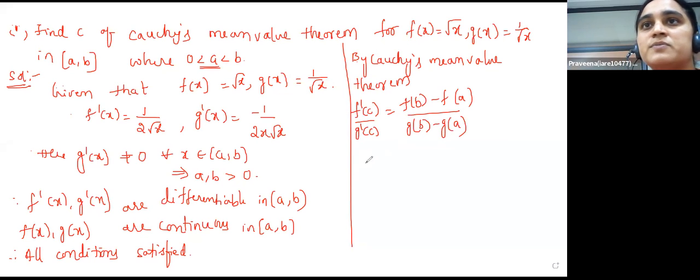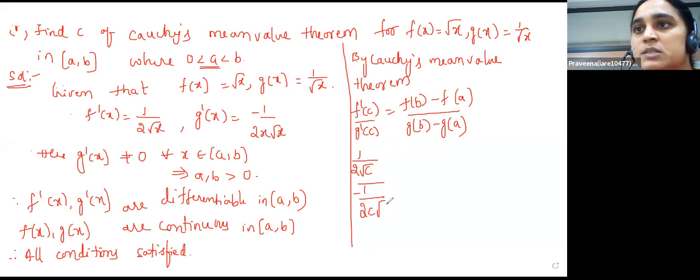What is f dash of c here? 1 by 2 root c. And g dash of c is 1 minus 1 by 2c root c, which is equal to, what is f of b? f of b means root b minus f of a means root a.